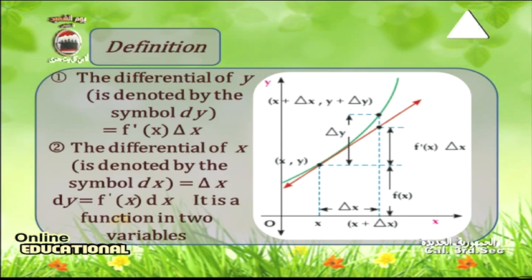dx equals delta x. So, dy equals f dash x dx. It's a function in two variables. The first variable is x and the second variable is dx.